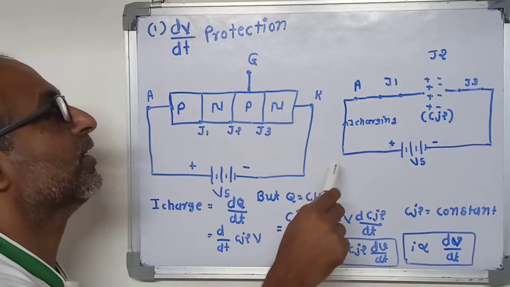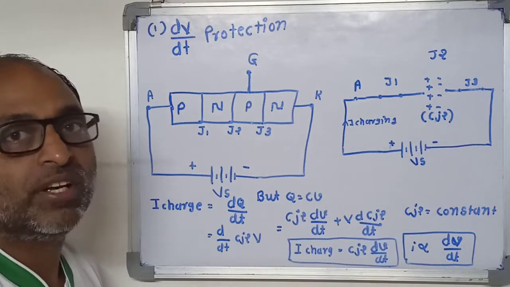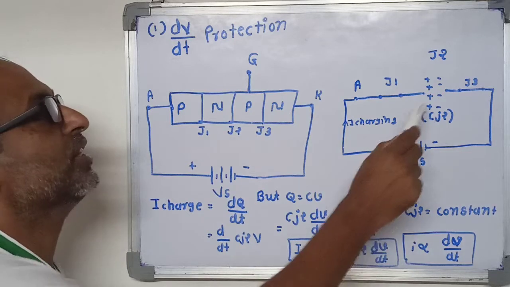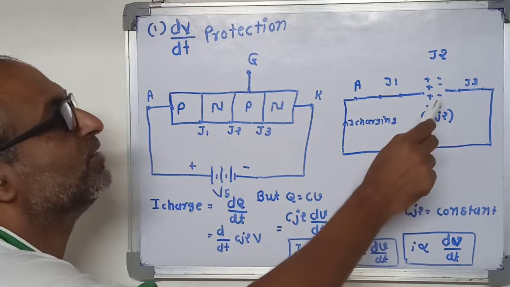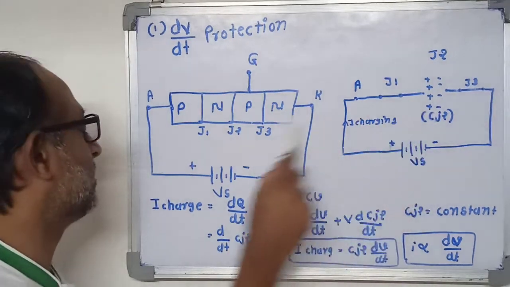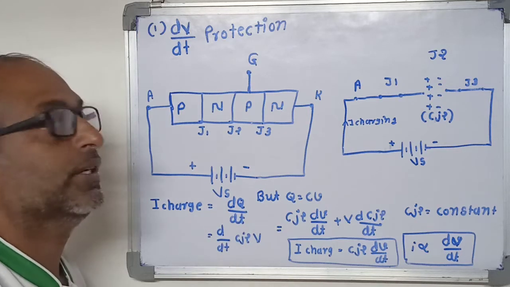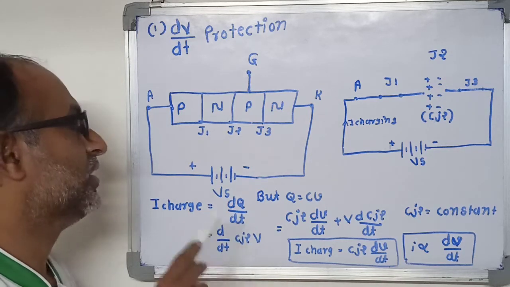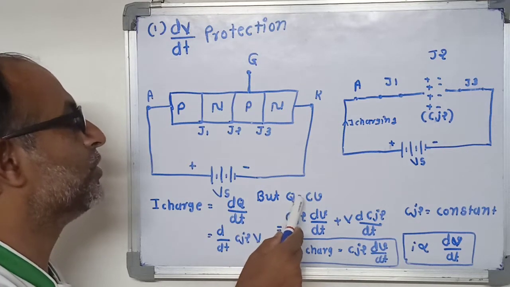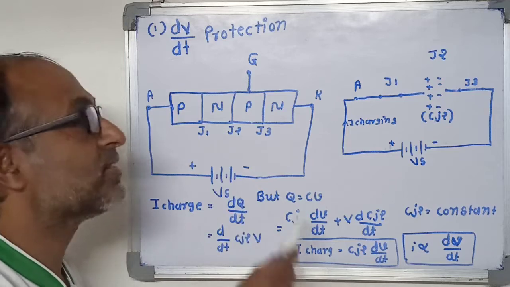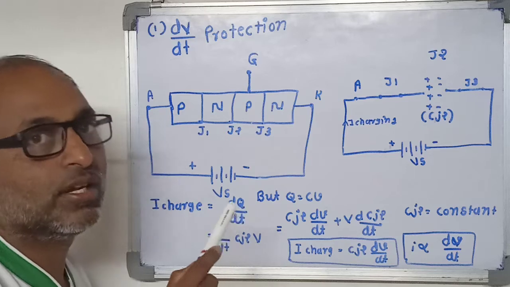A charging current, say I charging, will flow through the SCR. If V is the voltage across junction J2, then the current passing through this junction is I charge equal to dq/dt, that is, the rate of change of charge. But Q is equal to C times V, where C is the capacitance of junction J2 and V is the voltage applied.